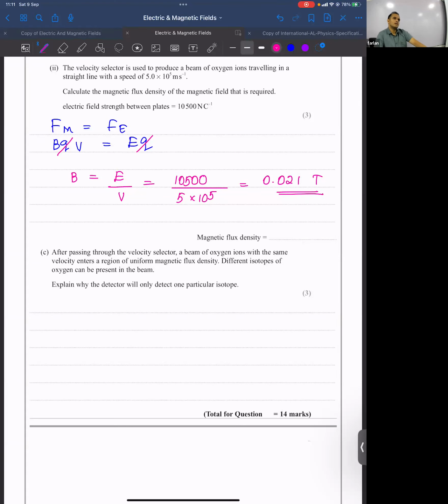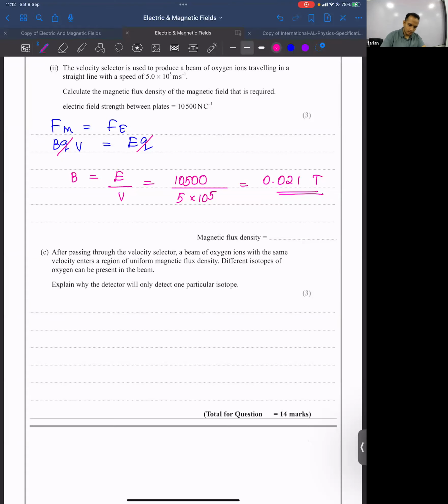Equal number of protons, different number of neutrons. Am I right? So that means they will have different masses also. The masses will be different. The velocity is not different.